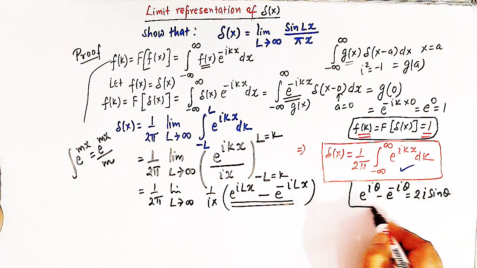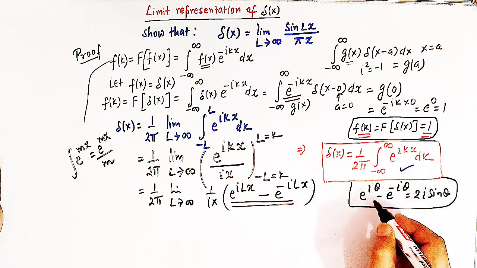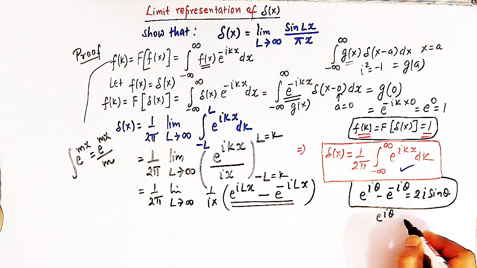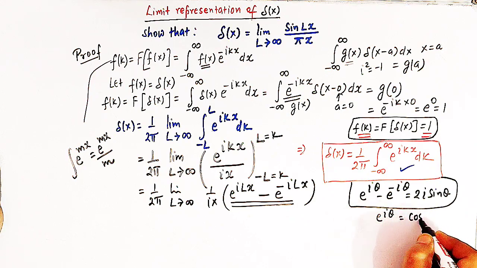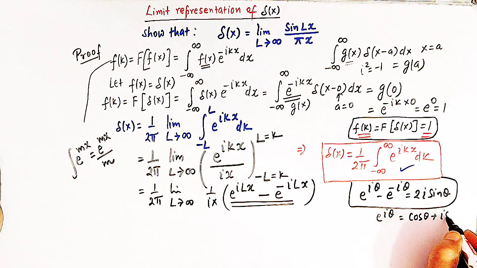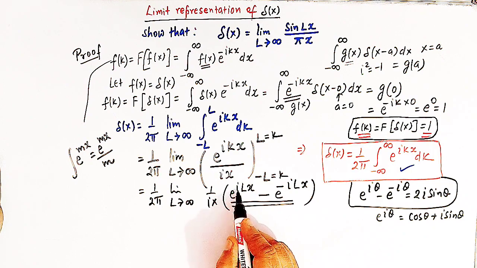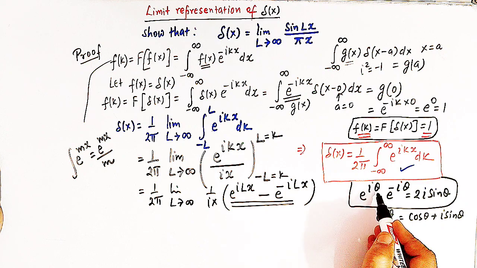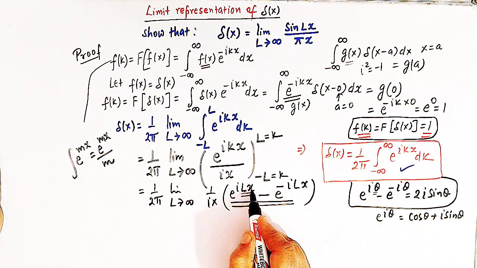This identity can be obtained by Euler's formula, which says that e raised to i theta is cos theta plus i sine theta, right? So here we have e raised to ilx minus e raised to minus ilx. So the value of theta is equal to Lx, right?